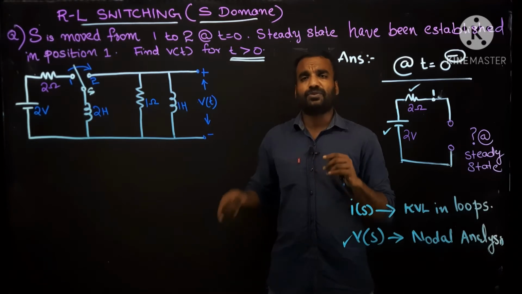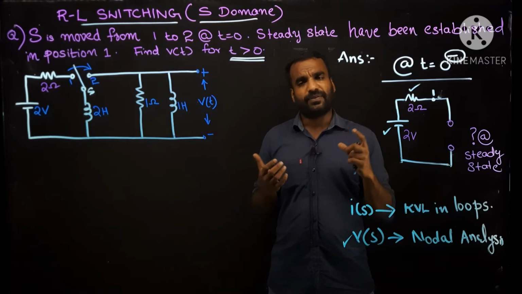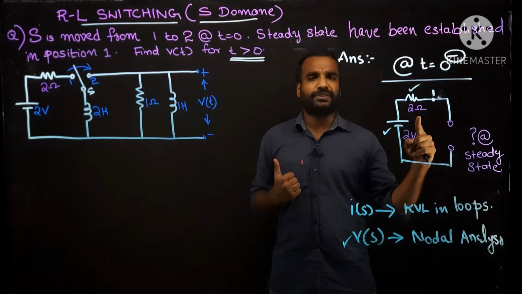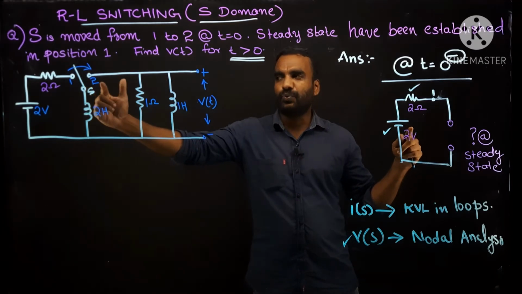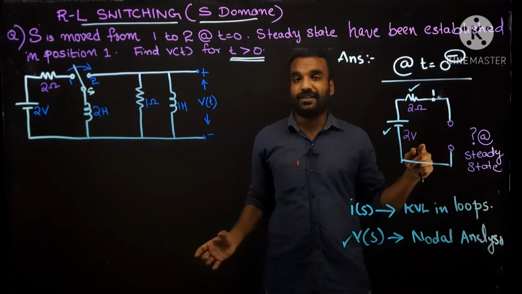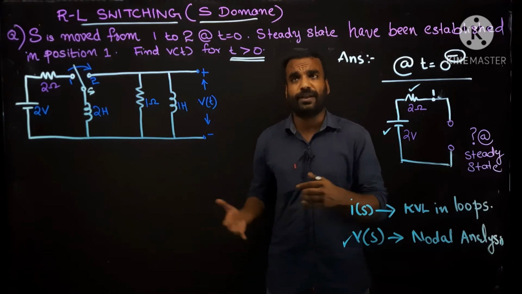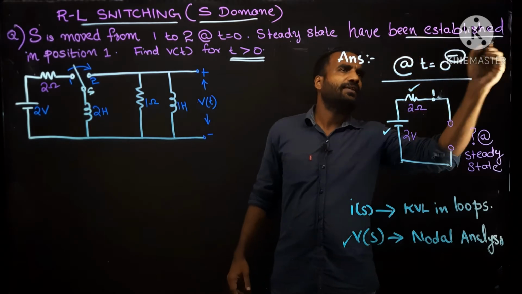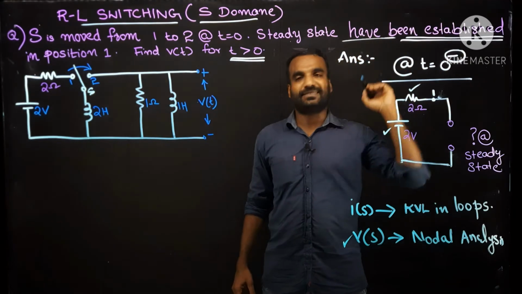If the circuit is not in steady state or is not carrying any current, you can represent it with an open circuit. But we know that at this instant of switching to 2 at t is equal to 0, the inductor is carrying some initial current based on position 1, because it was connected at position 1 for a long time, from negative infinity. The problem also states that steady state has been established.